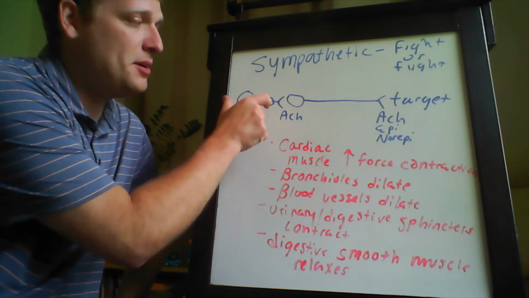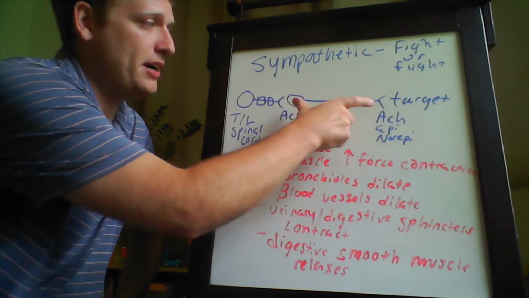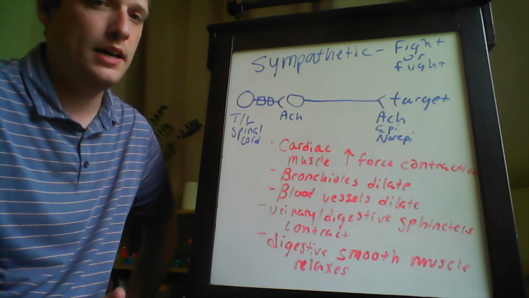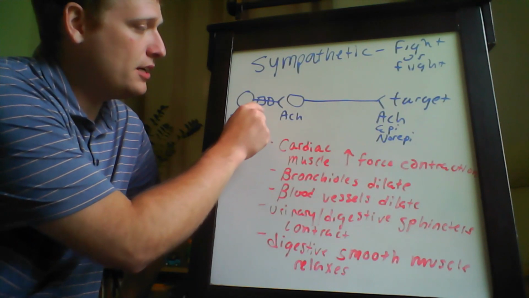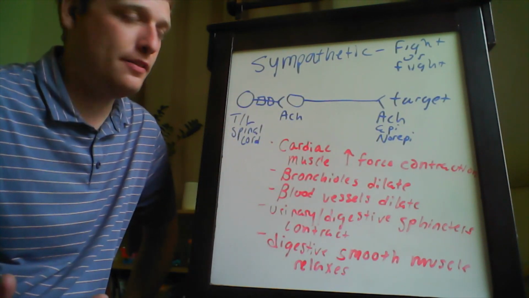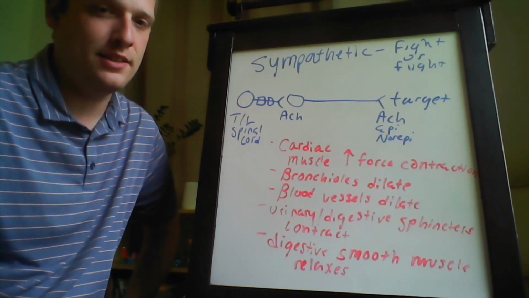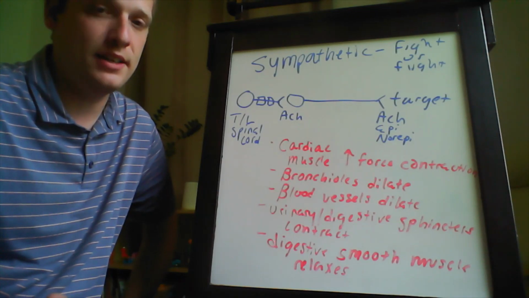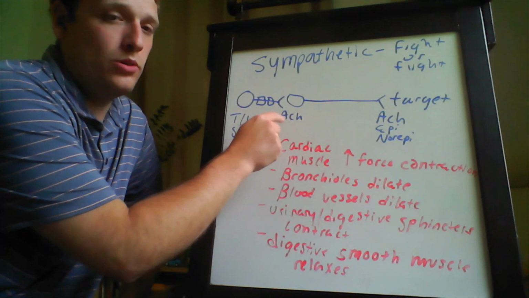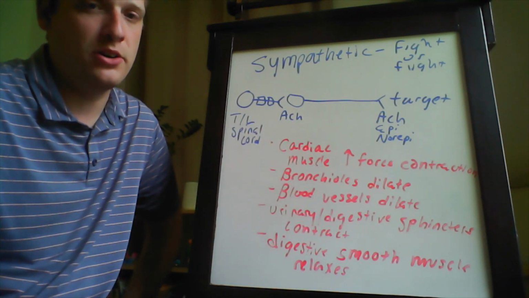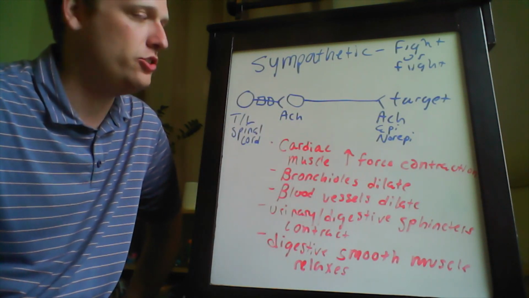And it's going to be very short in comparison to a longer postganglionic neuron. The preganglionic neuron is going to have a myelin sheath, which increases the speed of conduction of that signal. And the preganglionic neuron only releases the neurotransmitter acetylcholine, or ACH.